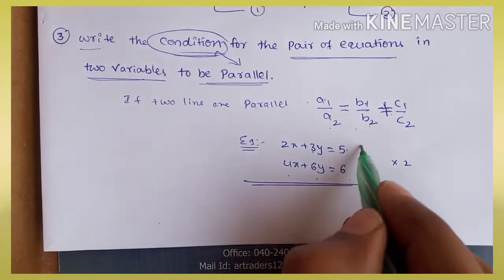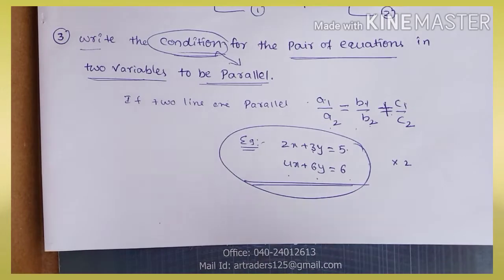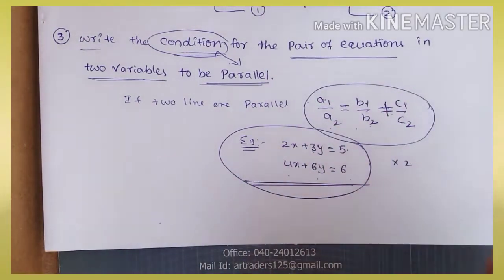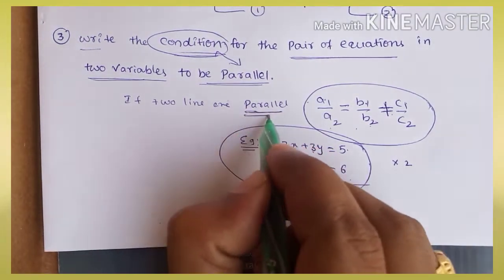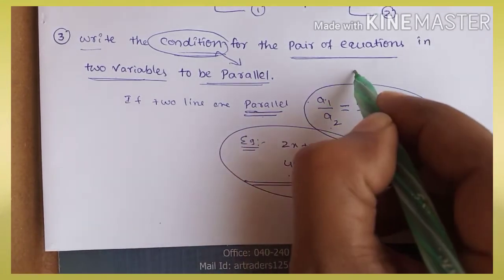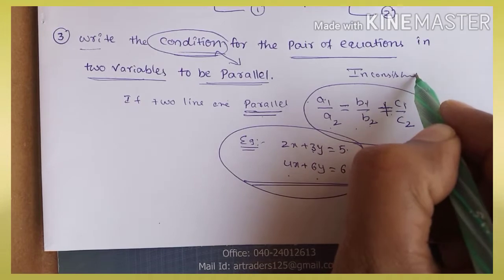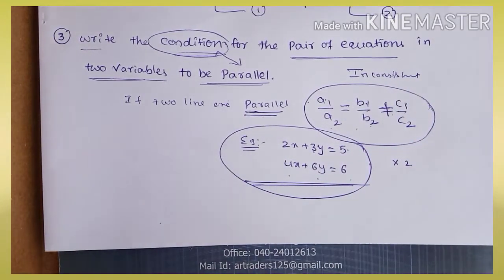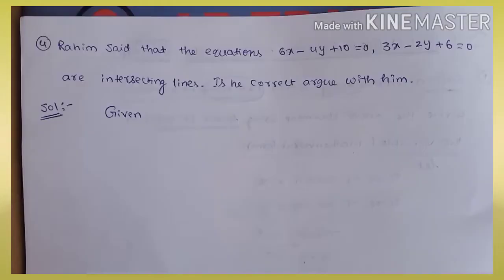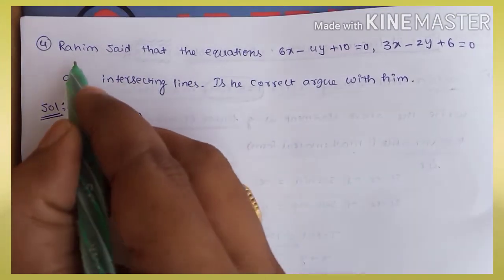This is one example. It was not asked, but it looks impressive if you write it. But the main condition, A1 by A2 equal to B1 by B2 not equal to C1 by C2, is the condition for parallel lines. Also it is the condition for inconsistent equations. Okay, next one.